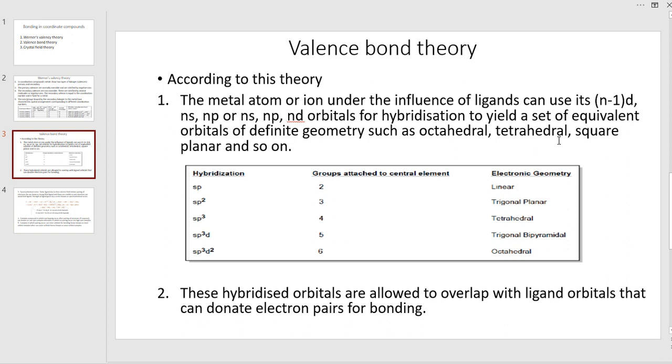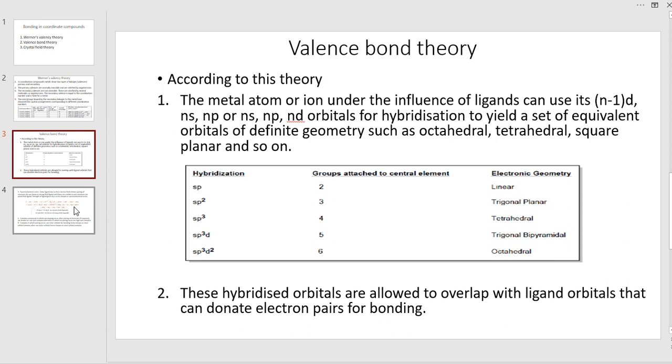After hybridization, according to VSEPR theory, we get the geometry. Afterwards, the lone pair, the filled orbital of the ligand, will overlap with the hybridized orbital of the metal atom or ion. So the filled orbital will overlap with the hybridized orbital, right?